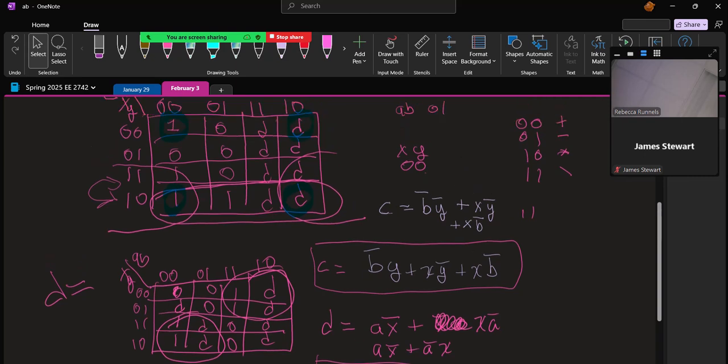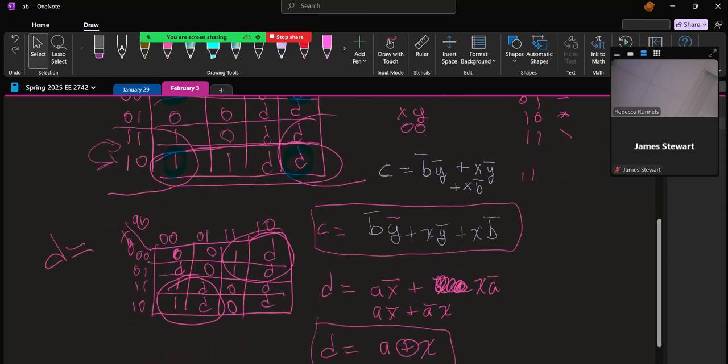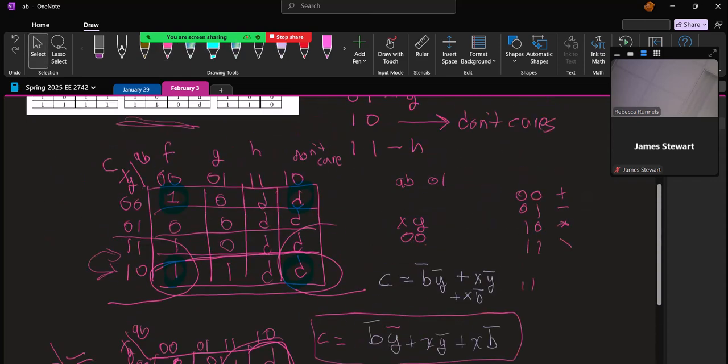Now I'm just thinking out loud for a moment. C, B bar Y bar or B bar Y? It should have been B bar Y bar. Thank you. I like to drop the bars just for fun. B bar Y bar.